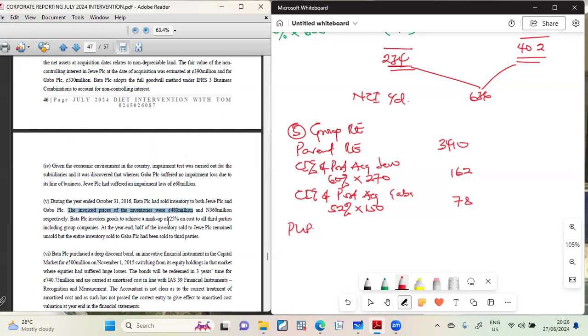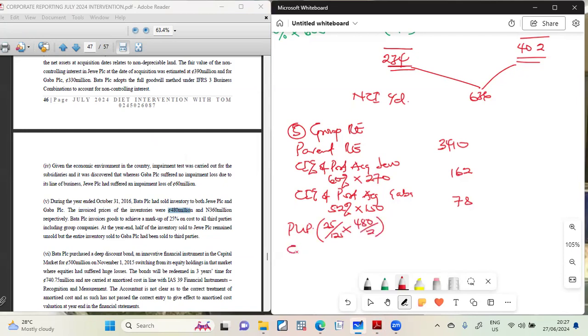Do we convert to margin or leave it like that? This is a test, so we convert, because if I sold, I should be using margin, not markup. So it will be 25 over 125, multiplied by the inventory still in stock. The question said that at the end of the year, half of the inventory in Jewe remained unsold. So if the inventory was 480 and half was not sold, we divide by 2. That is how we find our PAP.